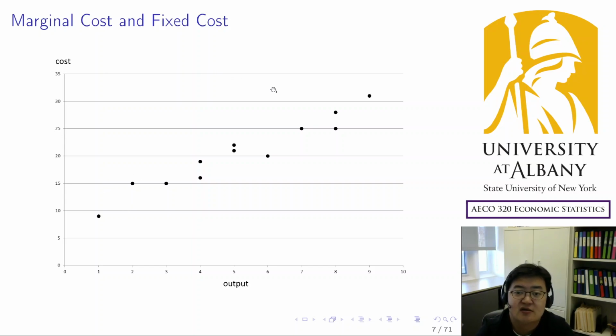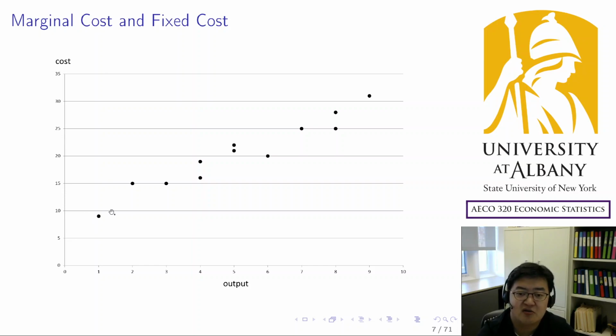So this is the scatter plot. There are 12 months on this scatter plot. So there are 12 dots. Each dot is 1 month observation. And you see, when you produce less, then of course the total cost, monthly cost, was lower.